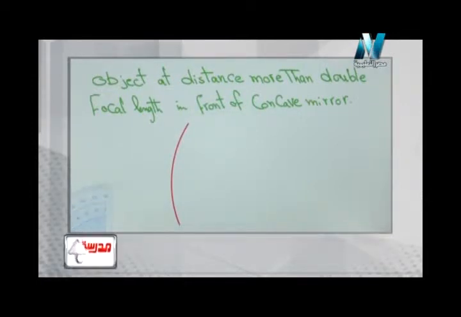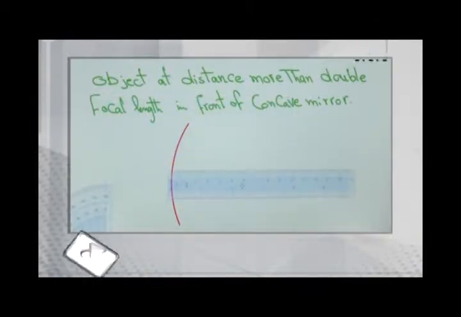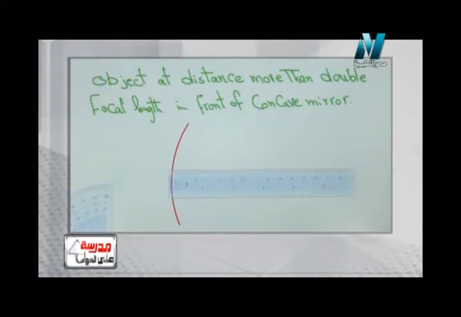Then I will use the ruler. I must use a ruler. Why? Because we should measure the two equal distances from what to what. Number one, from pole to the focus, say equal 4 centimeters, and from focus to center of curvature another 4.